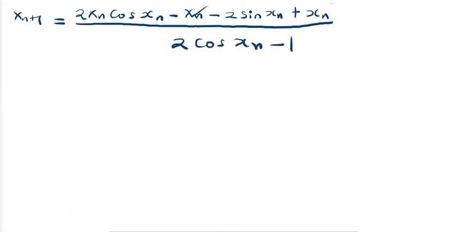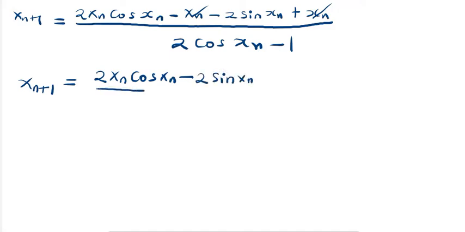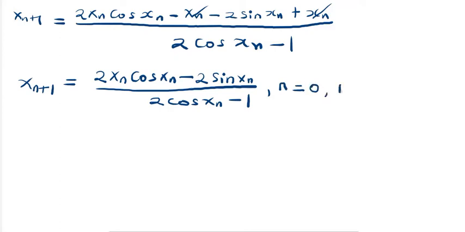So collecting like terms, we find that x_n cancels out and we remain with our formula x_(n+1) equal to (2 x_n cos x_n minus 2 sine x_n) over (2 cos x_n minus 1), where n is equal to 0, 1, 2, 3, and so on.